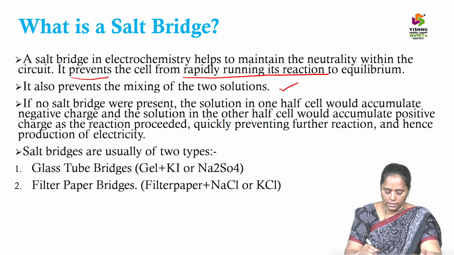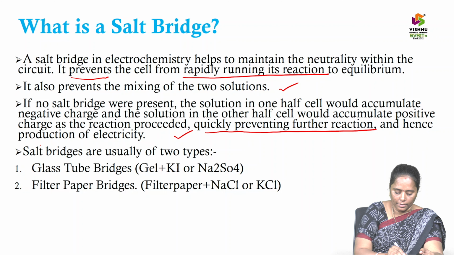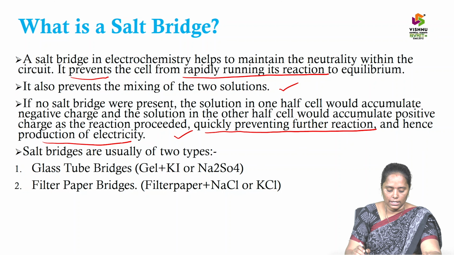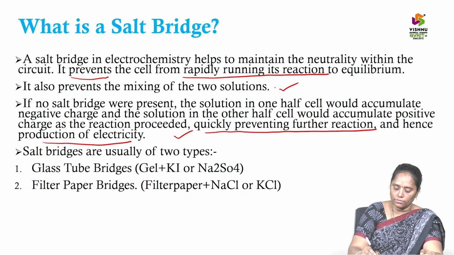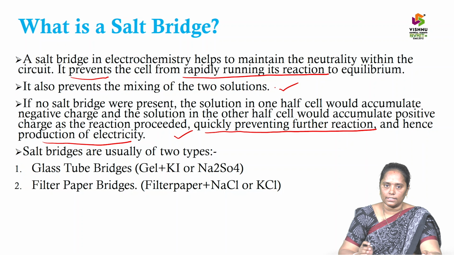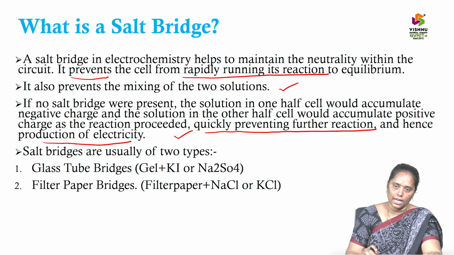The third significant role of salt bridge is that it prevents the further reaction and hence production of electricity. So if there is mixing of two solutions, that is zinc moving towards the cathodic half cell and copper ions moving towards the anodic half cell, what happens?